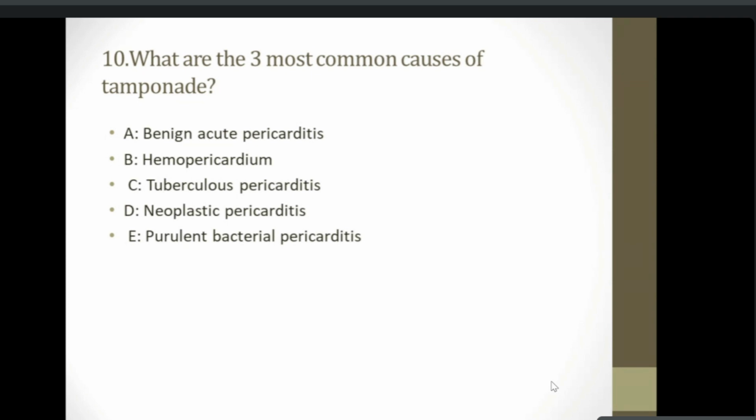I didn't say cause, I said the 3 most common causes of tamponade. Okay, write your answer in the comments. Okay, I see an answer by A, C, and D. Okay, what about the others? What do you think about the 3 most common causes of tamponade?